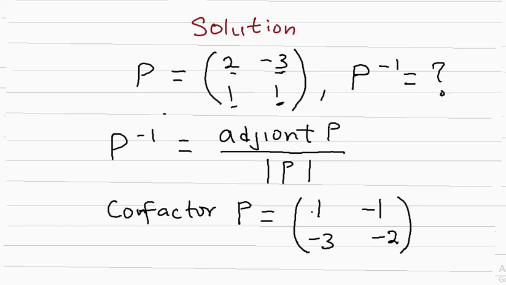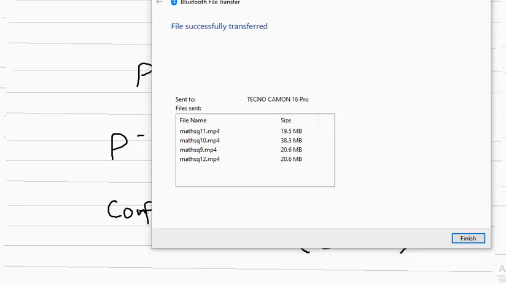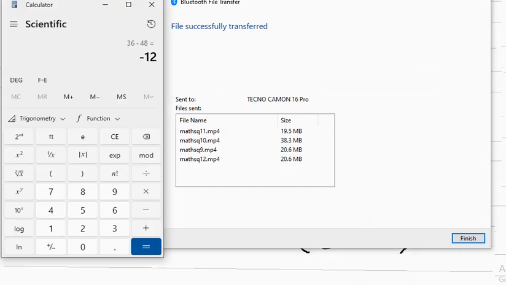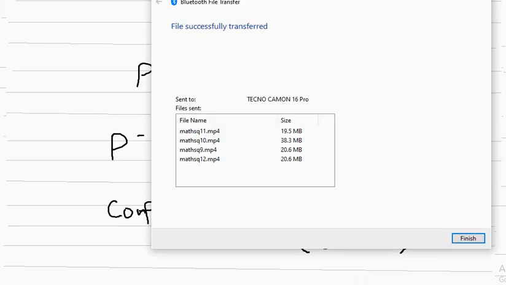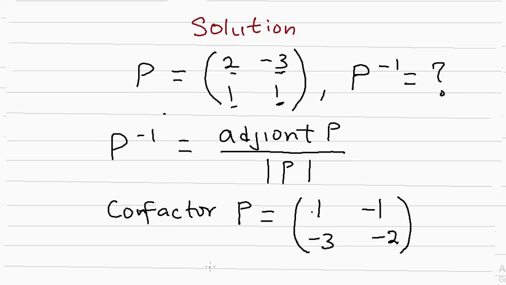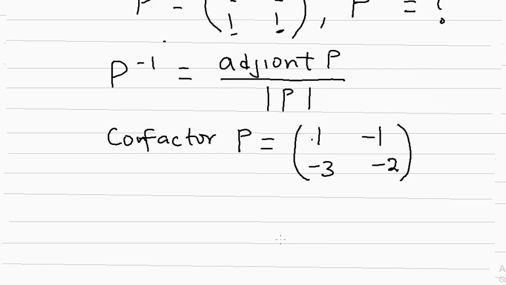That is how we evaluate the cofactor. Having gotten the cofactor of that matrix, we can now find the adjoint. The adjoint is the transpose of the cofactor.